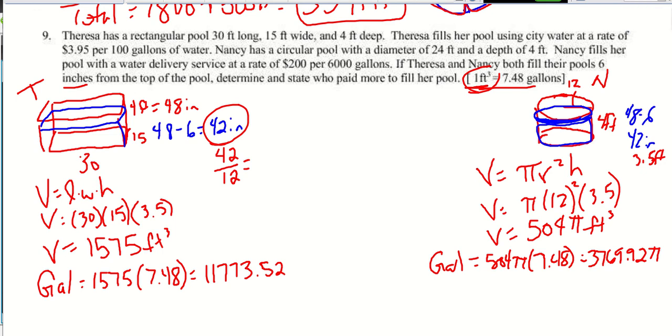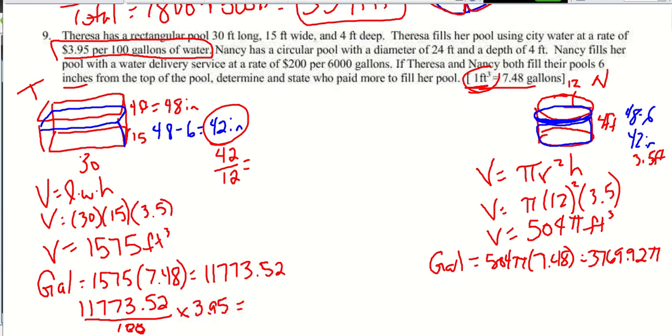So we think about, go back to Teresa, okay? For every 100 gallons of water, she's paying $3.95. So I have 11,773.52. I'm going to divide that by 100. Okay, so that's how many hundreds of gallons I have, and multiply it times 3.95, and this is going to be her cost.